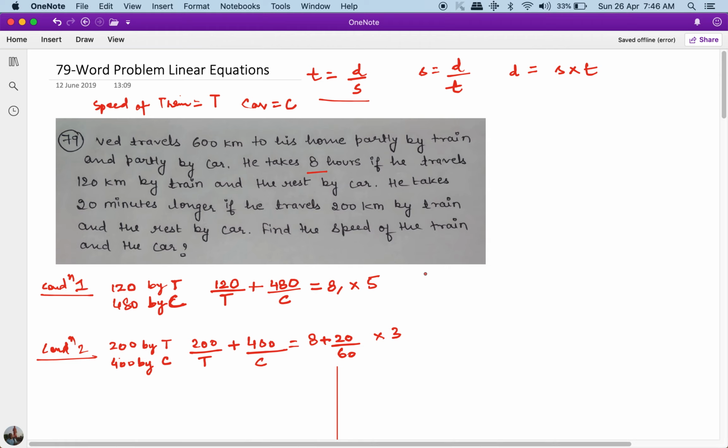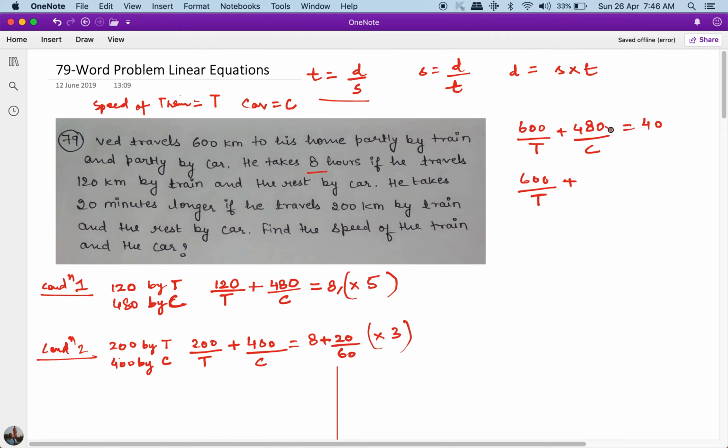So equation 1 you multiply by 5 and equation 2 you multiply by 3. I'm writing here what we get. The two equations are 600 by t plus 480 by c is equal to 40, and the other will become 600 by t plus, oh sorry, we have multiplied this by 5, right?